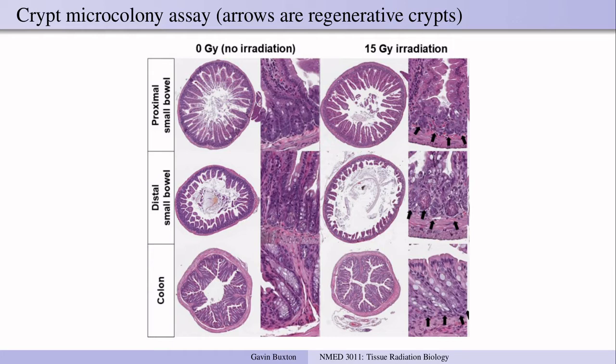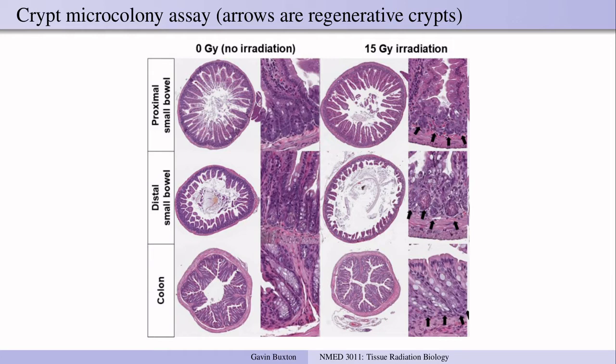Now the images are shown for the proximal, which is the beginning, and distal, or the end, of the small intestine, and at the colon as well. And samples were collected 3.5 days after the mice were irradiated, so pretty shortly afterwards.